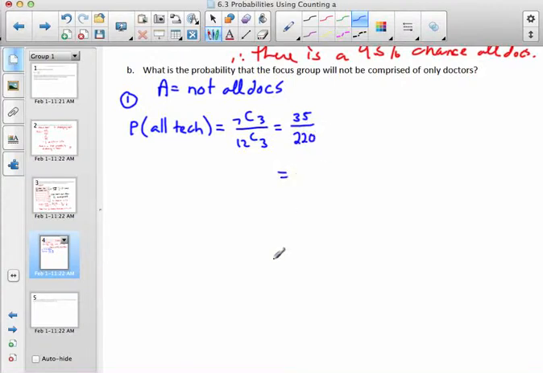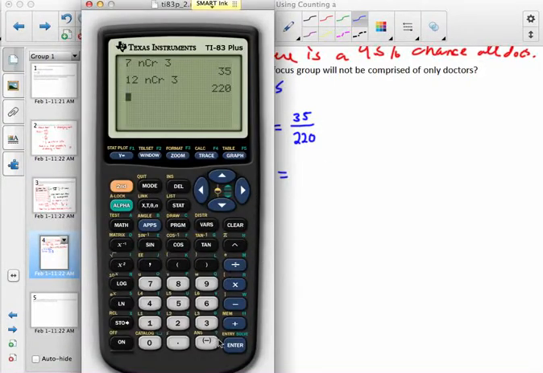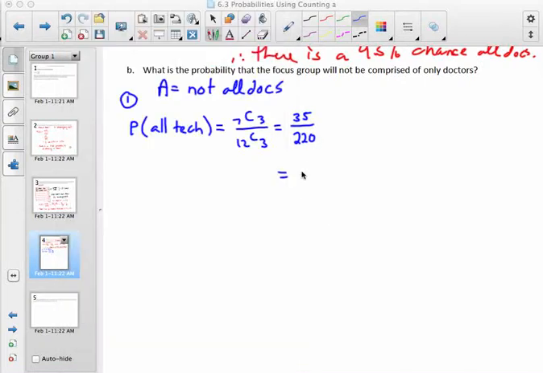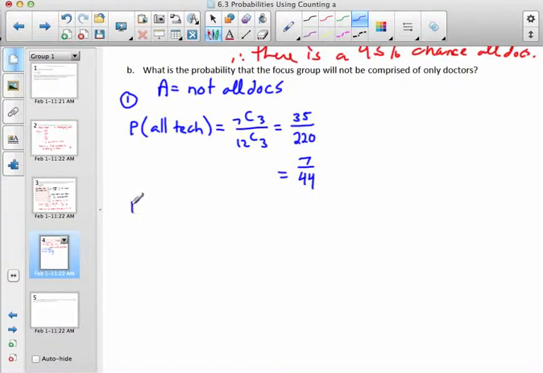Now I'm willing to bet that that simplifies to, let's do 220 divided by 5, and that's 44, so that's 7 over 44, or roughly maybe a 1 in 6 chance. Now that's the probability of all technicians.